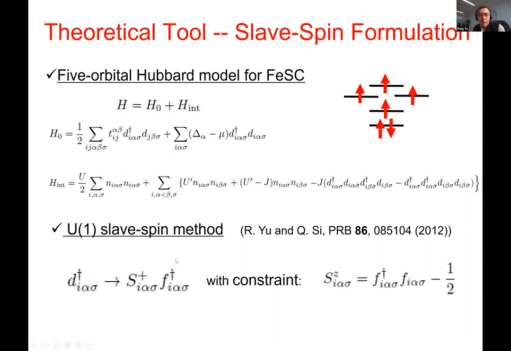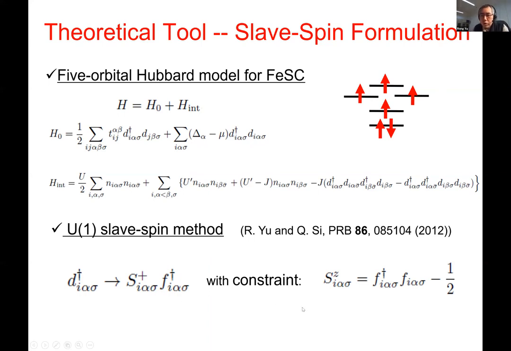And in the U(1) slave spin theory, we introduce a quantum spin-1/2 operator to carry the charge degree of freedom, and also a fermionic spinon operator to carry the spin degree of freedom, and rewrite the electron creation operator in terms of this slave spin and these fermionic spinon operators.